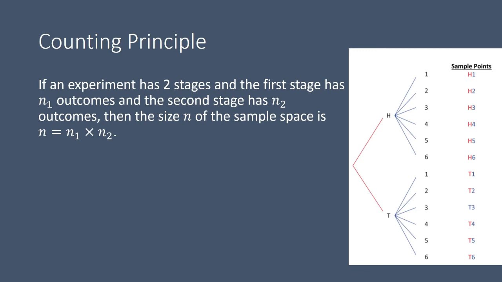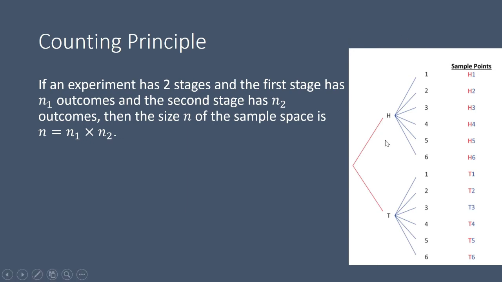And if you have three phases or three stages in the experiment, and the first phase has n sub 1 outcomes, the second phase has n sub 2 outcomes, and the third phase has n sub 3 outcomes, then the total number of outcomes is n sub 1 times n sub 2 times n sub 3. And that's going to be the size of your sample space.